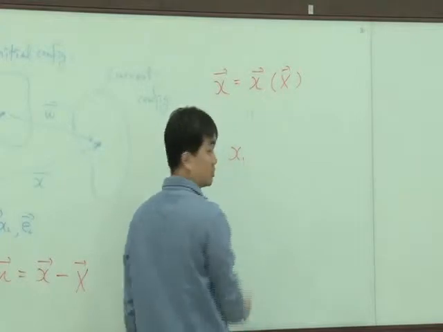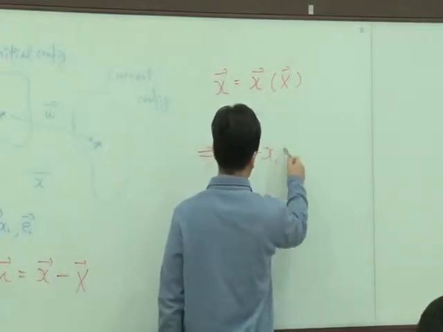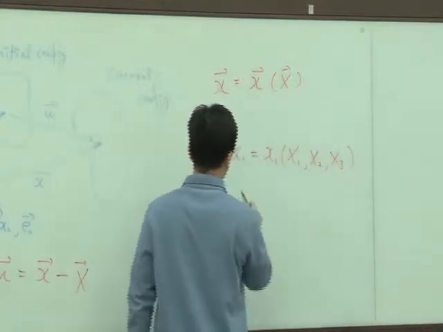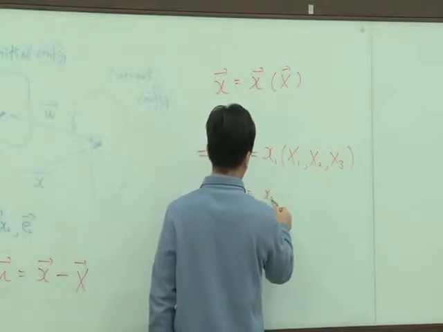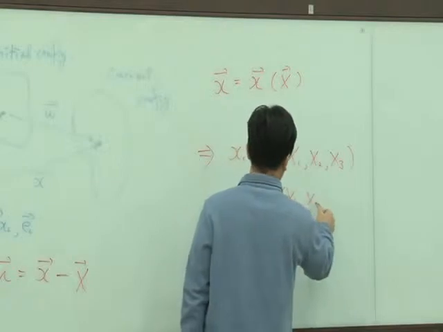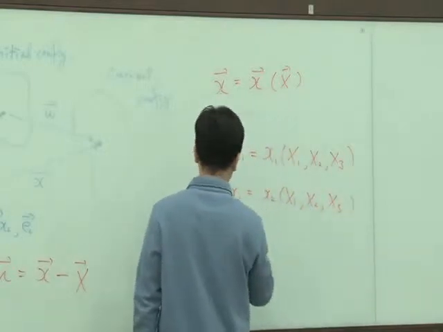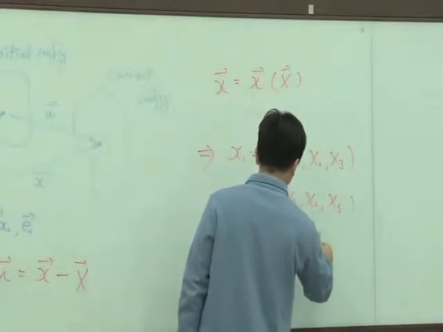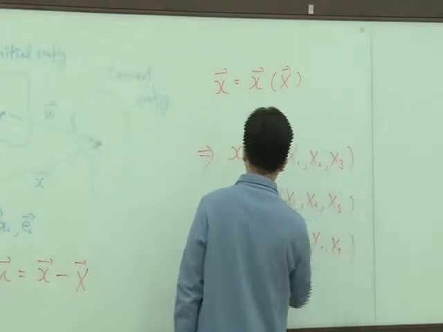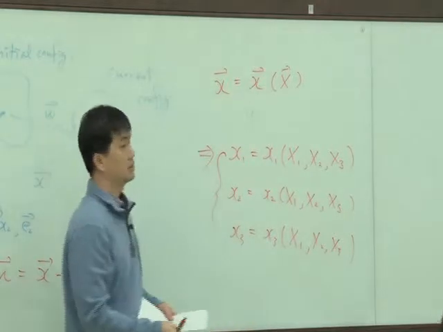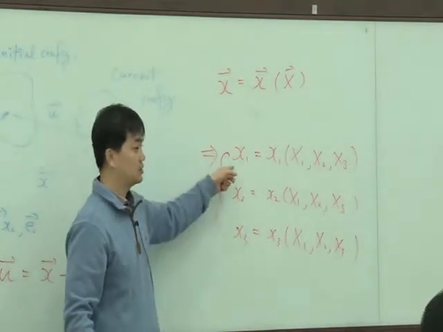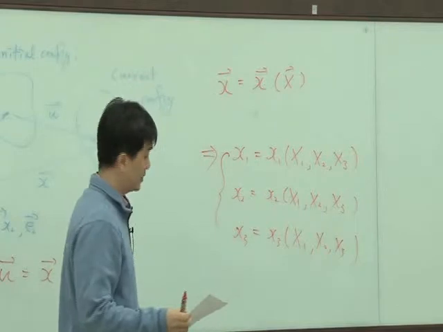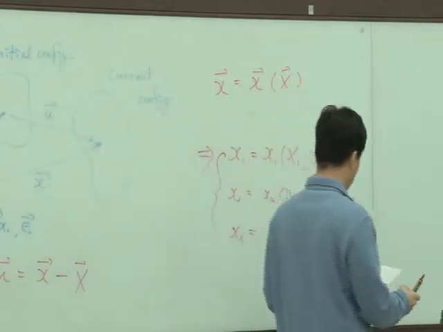So x1 equals a function of X1, X2, X3; x2 equals a function of X1, X2, X3; similarly x3 equals a function of big X1, big X2, big X3. This vector function means these three scalar functions. Okay, understand? Then we know the chain rule.